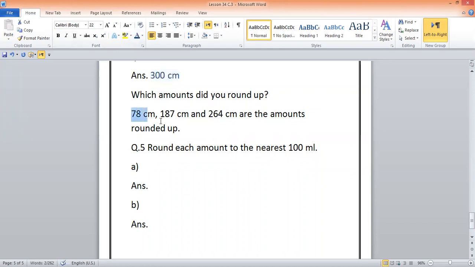So guys, this is the same. I'm going to write what is A: 45 and 82. A and B, 45 ml, 82 ml. C, 175 ml.